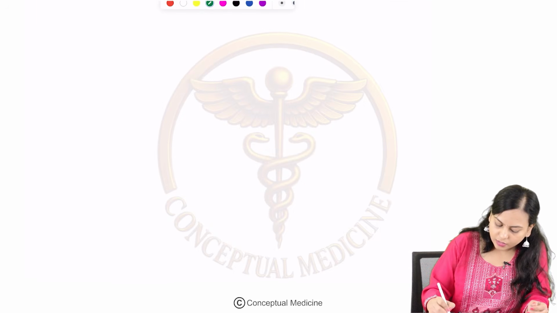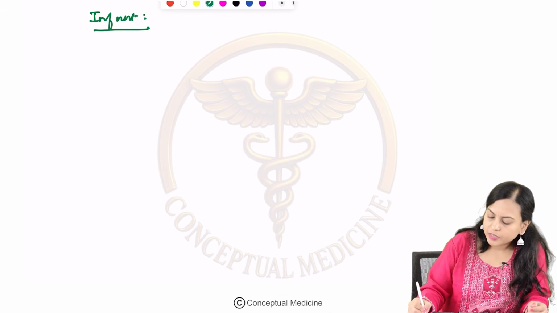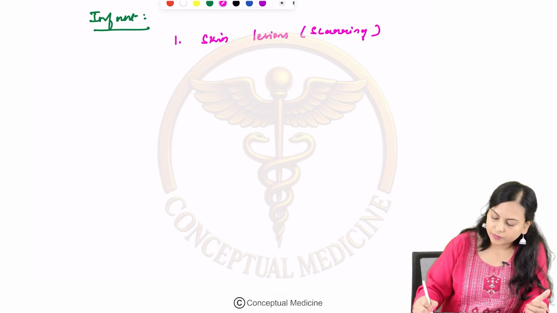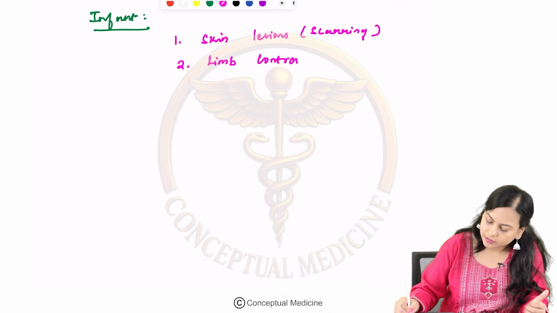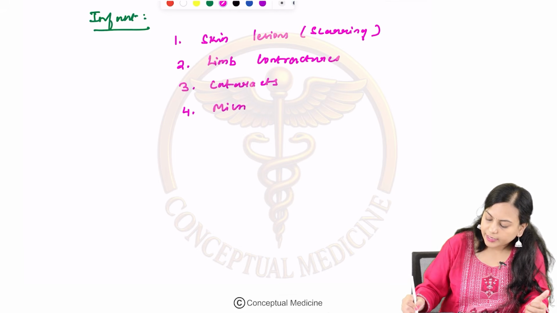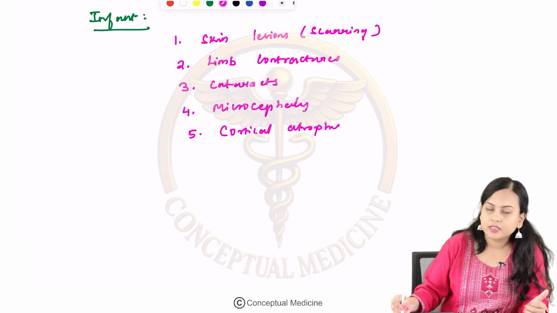Now we'll see the features in the infant. Okay, in the infant there will be skin lesions, that is, it might lead to scarring also. Okay, and there can be limb contractures, and you may have cataracts, there can be microcephaly, and cortical atrophy can also be seen.